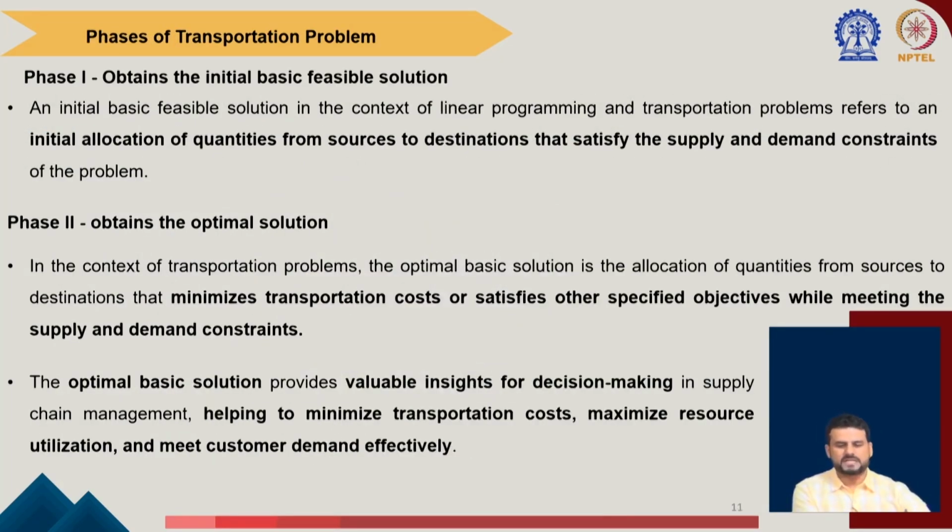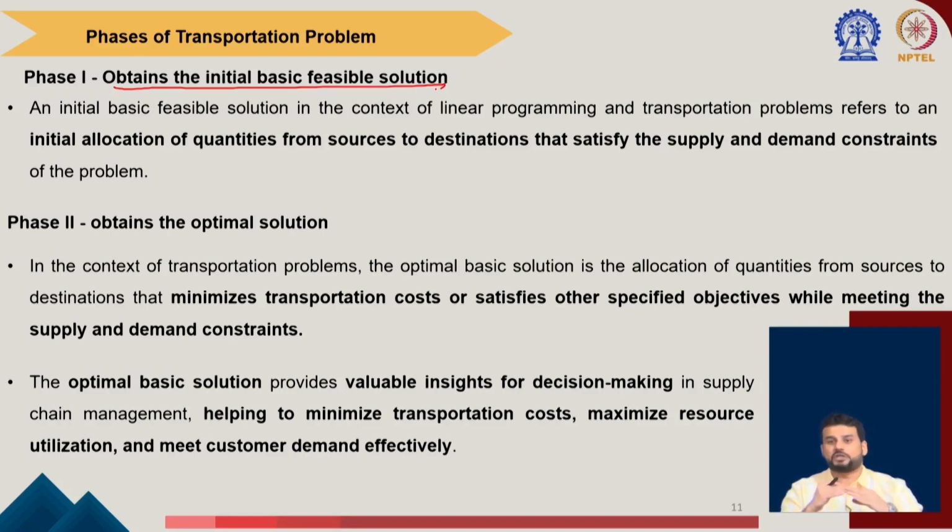Phases of the transportation problem. The first phase is to obtain the initial basic feasible solution, right. We have three methods: the northwest corner method, the least cost method, or Vogel's approximation method. You can use any of these methods to get the initial basic feasible solution.